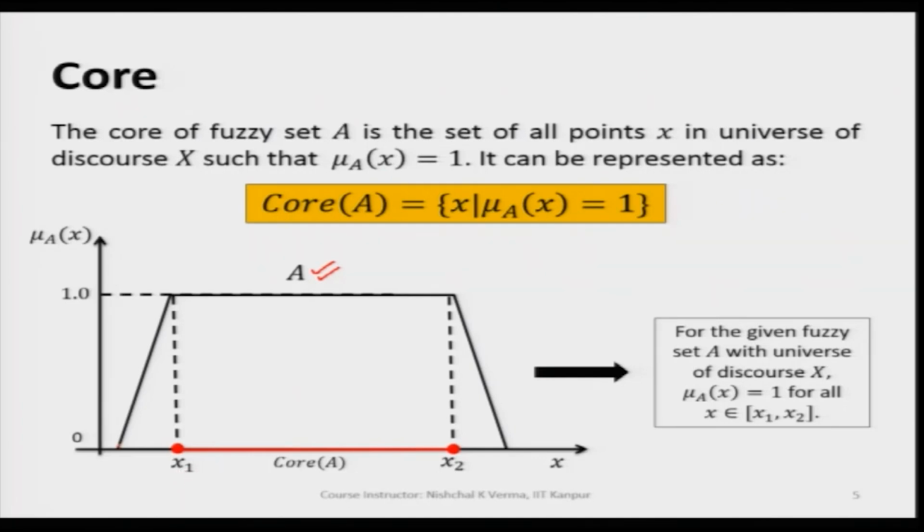We can clearly see for this trapezoidal membership function, which is a continuous fuzzy set, that along the line from x 1 till x 2, every point in between has its corresponding membership value equal to 1. So, this line represents the core of this fuzzy set.